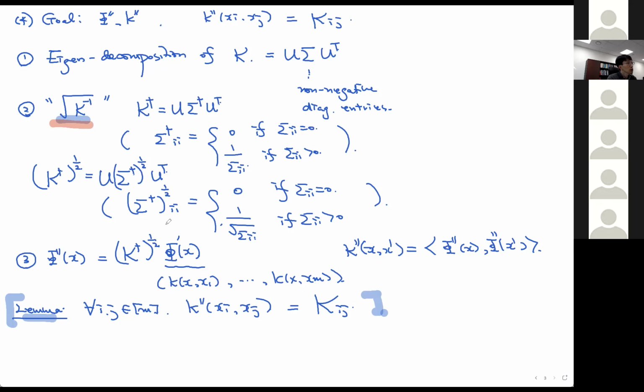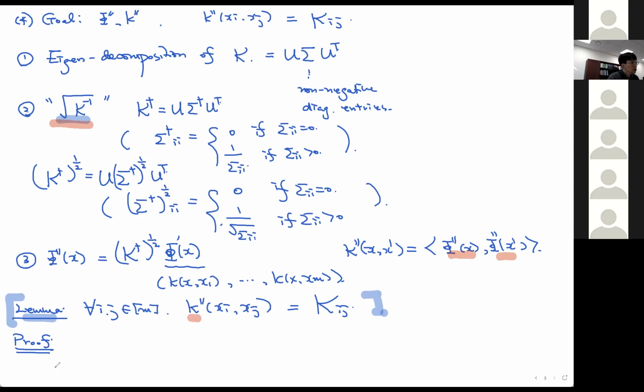Because this first part will produce the square root of K minus 1, the other part will produce the square root of K minus 1. So we will end up with essentially K minus 1, and that will cancel one of the two K's when we compute the inner products. So that's why we have Kij. And the proof is exactly the one that I told you, but in a more rigorous form.